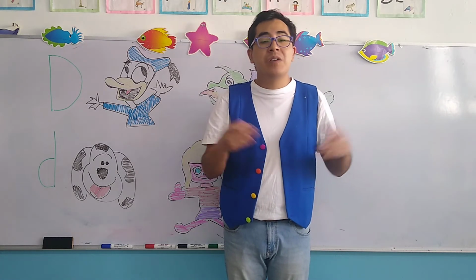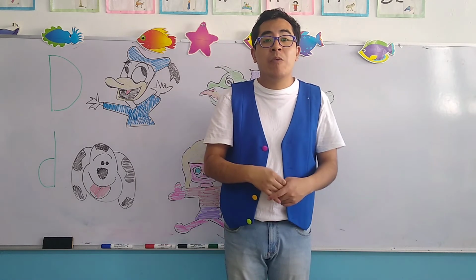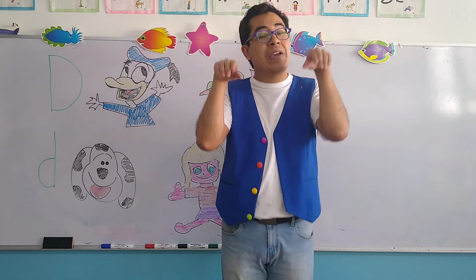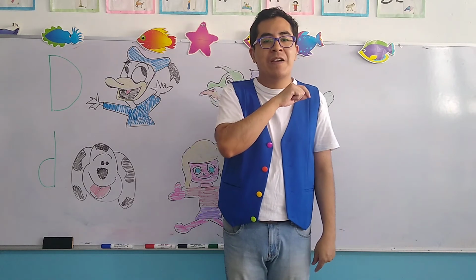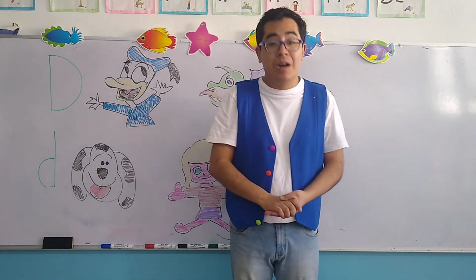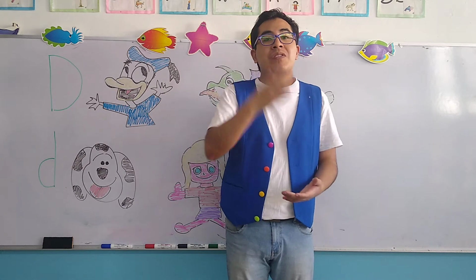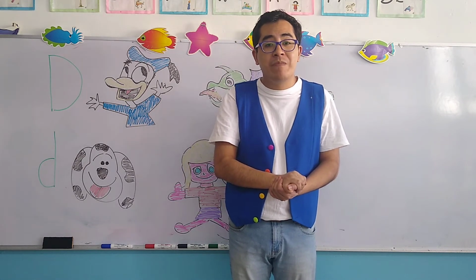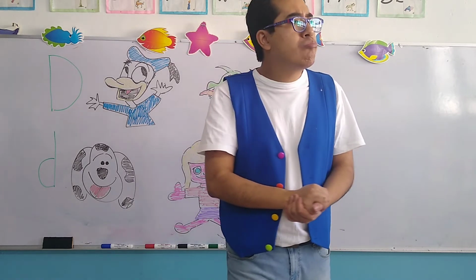Now remember, the dog, it's an animal that has 4 legs, and it's always happy, always jumping, and always with the tongue out, siempre con la lengua de fuera, because they are always thirsty, siempre tienen sed, the little dogs, okay? Now, the sounds that the dogs make, remember, are woof, woof, woof.